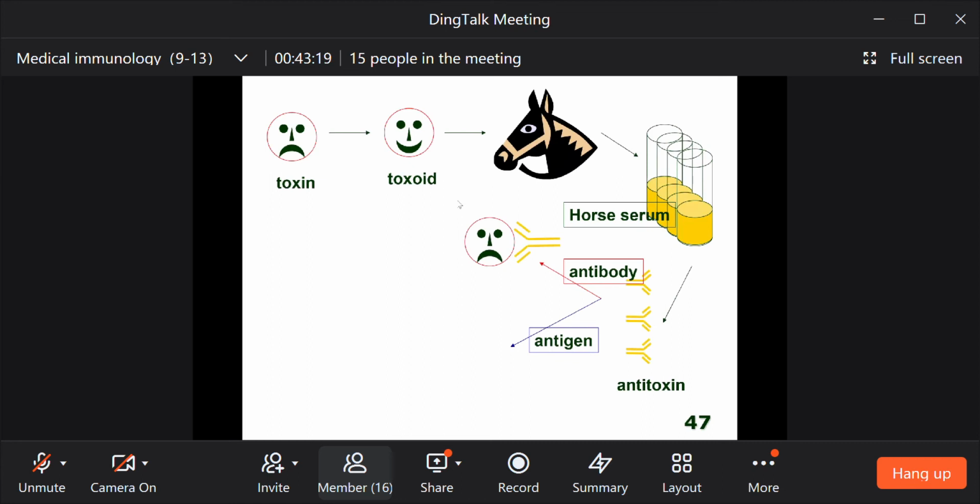But the antibody is produced by the horse, not the human. So if the antibody is injected into the human, it is also a foreign protein, right? In other words, even though the antibody is used against the toxin, as a protein the antibody is also an antigen for a human.